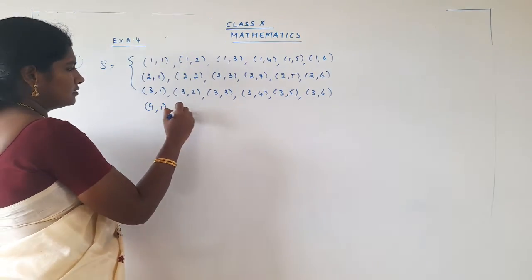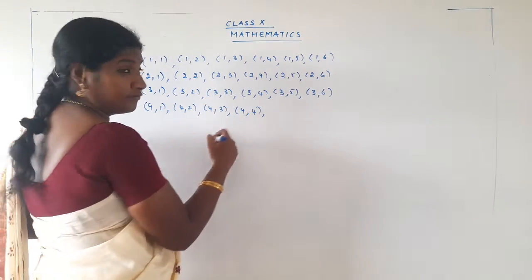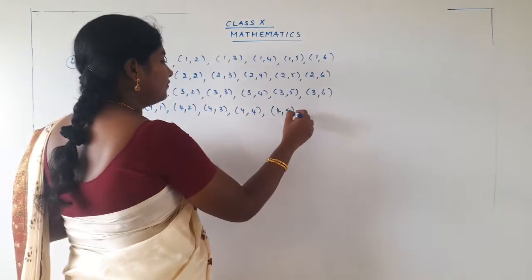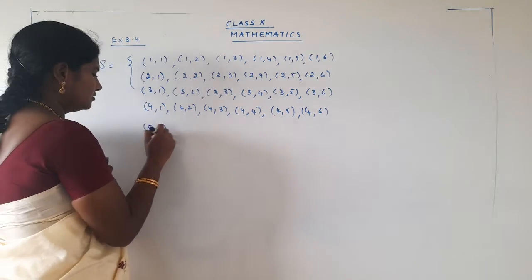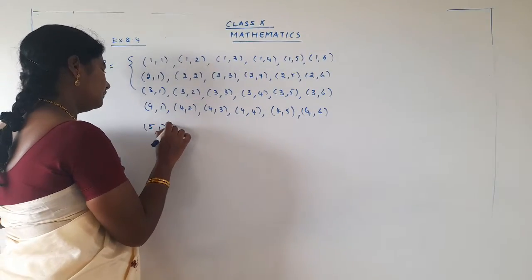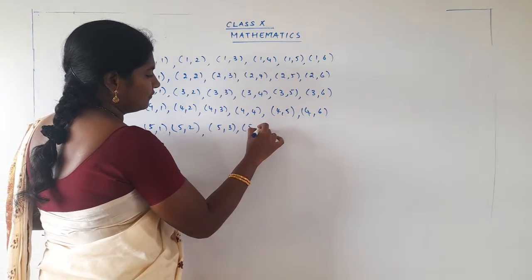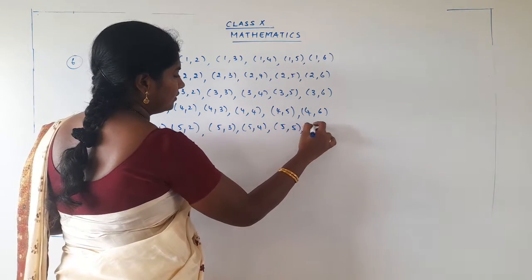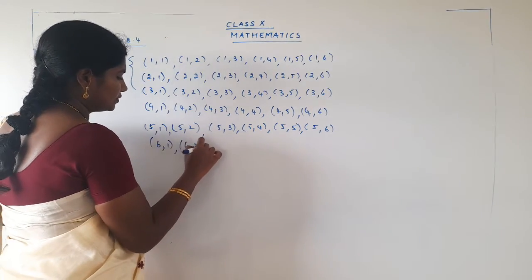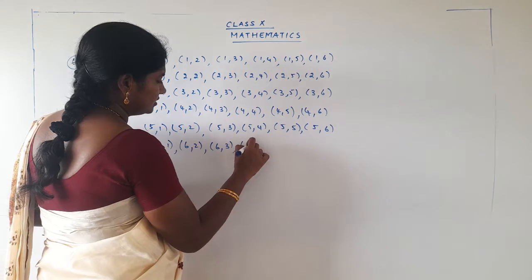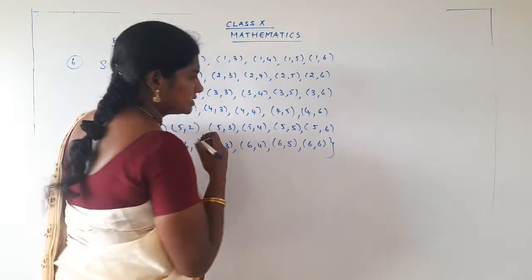Here 4 comma 1, 4 comma 2, 4 comma 3, 4 comma 4, 4 comma 5, 4 comma 6, 5 comma 1, 5 comma 2, 5 comma 3, 5 comma 4, 5 comma 5, 5 comma 6, 6 comma 1, 6 comma 2, 6 comma 3, 6 comma 4, 6 comma 5, 6 comma 6.